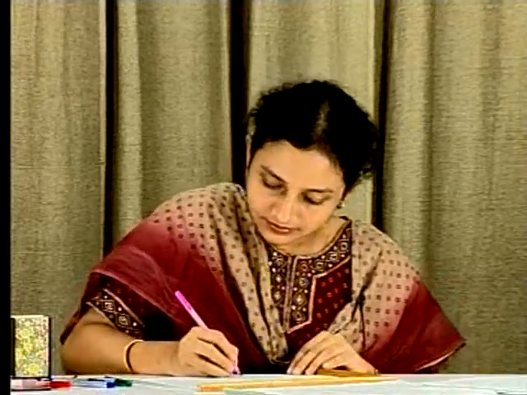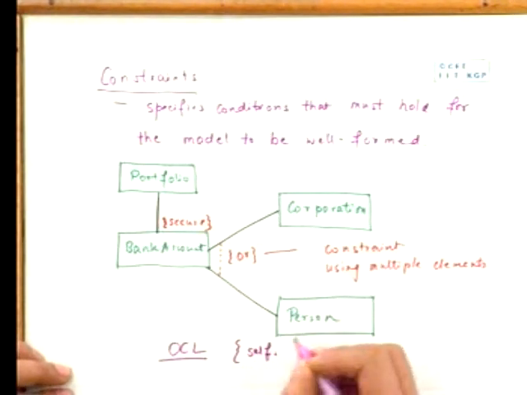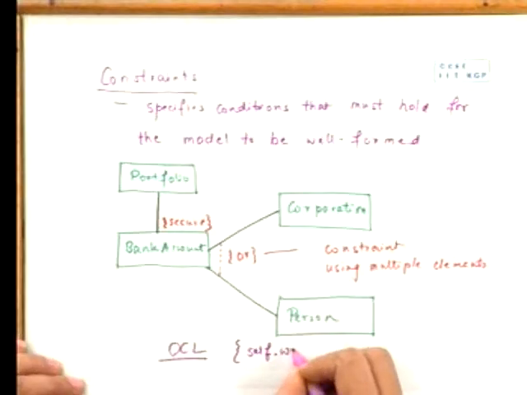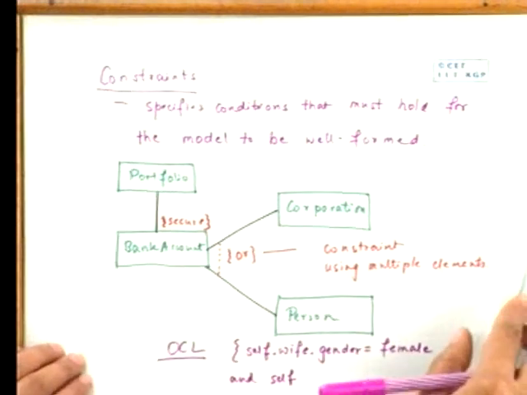Suppose I want to say that this object has the attribute wife, and the gender of wife will be female. So I can write it like this: self.wife.gender = female, and self.husband.gender = male.